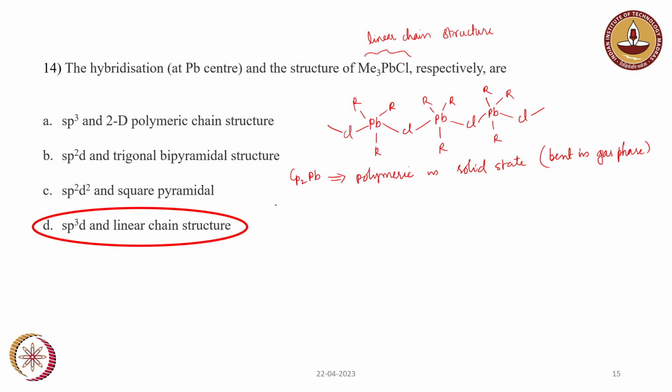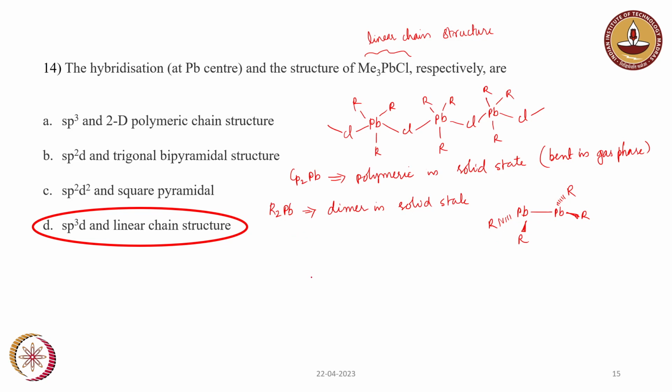And other organolead complexes like R2Pb are dimers in solid state. And the structure is, so it has a bent structure. It's not similar to ethylene.